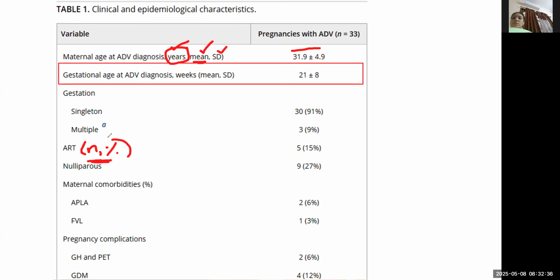Suppose you want to express even age as a category, you can split it into, let's say, 18 to 25 or whatever makes sense in that particular situation. Understood or not? You may want to know how many were in the so-called AMA category, because it's important in that particular situation.